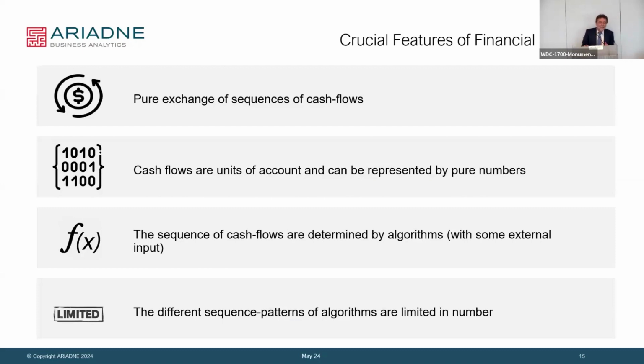Now, money, these are cash flows or payments. These are units of account, and these are pure numbers. Actually, what we should move around are numbers, nothing else. The sequence of these numbers, like in a financial contract, these are algorithms. I give you, and it is already known how you have to give me back.